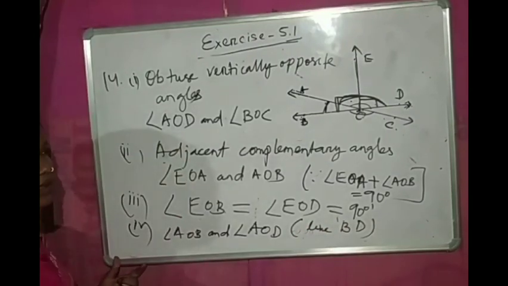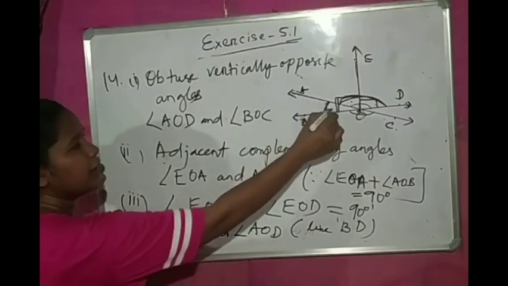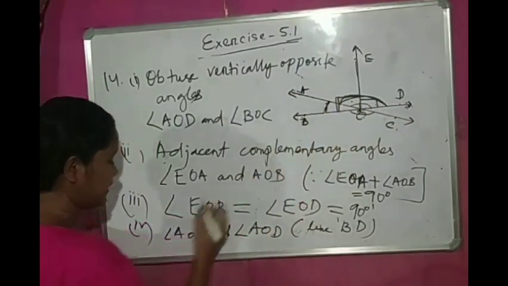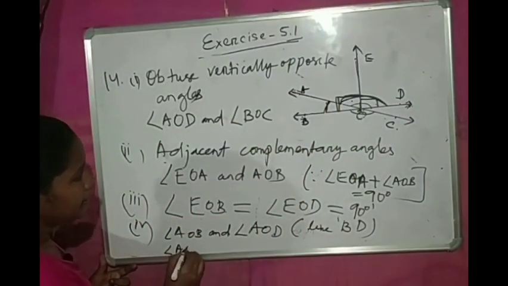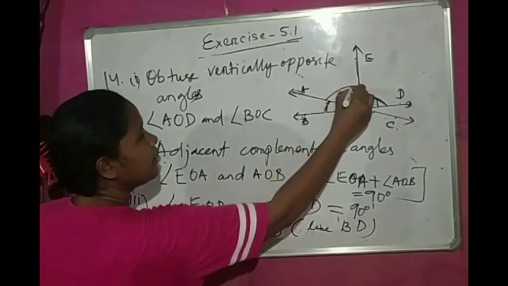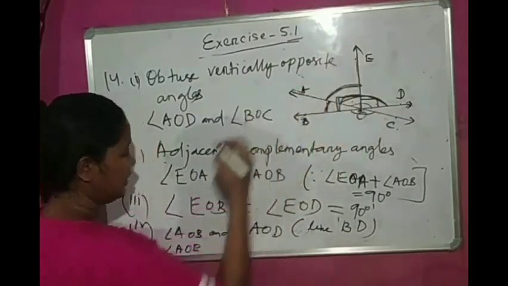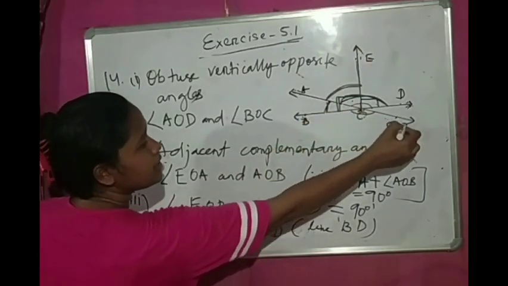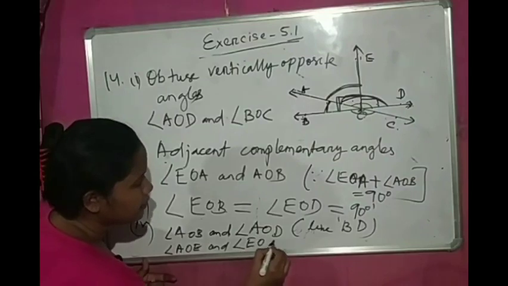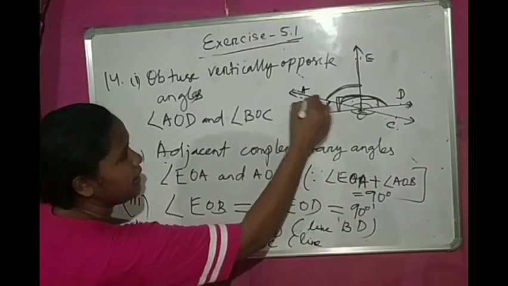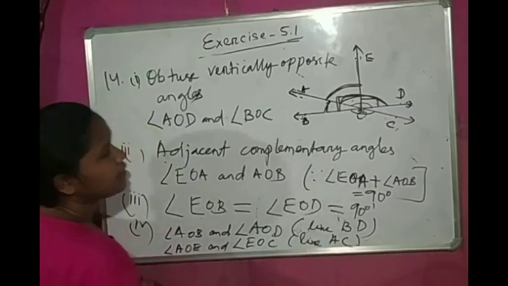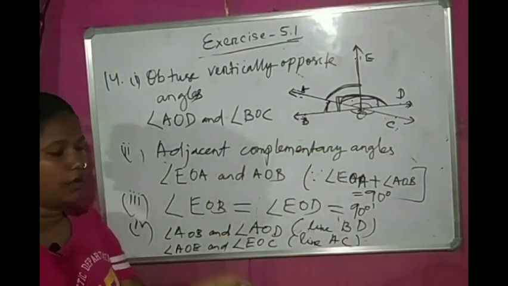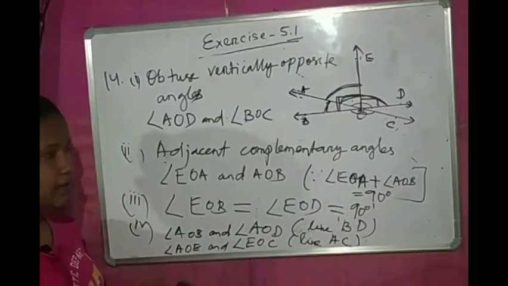They are forming supplementary angles on line BD, but those are unequal, they are not the same. Then in line AC, angle AOE and angle EOC, on line AC, they are forming supplementary angles, but these are not equal, unequal supplementary angles.